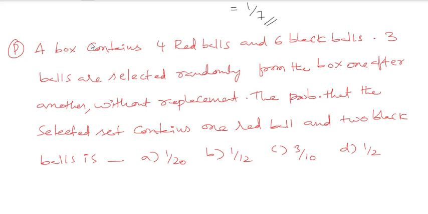So what are they asking? It's a set of simple criteria, nothing more than that. The box contains 4 red balls and 6 black balls, and 3 balls are pulled out. 3 balls are selected randomly one after another without replacement. The probability that the selected set contains 1 red ball and 2 black balls, they are asking.